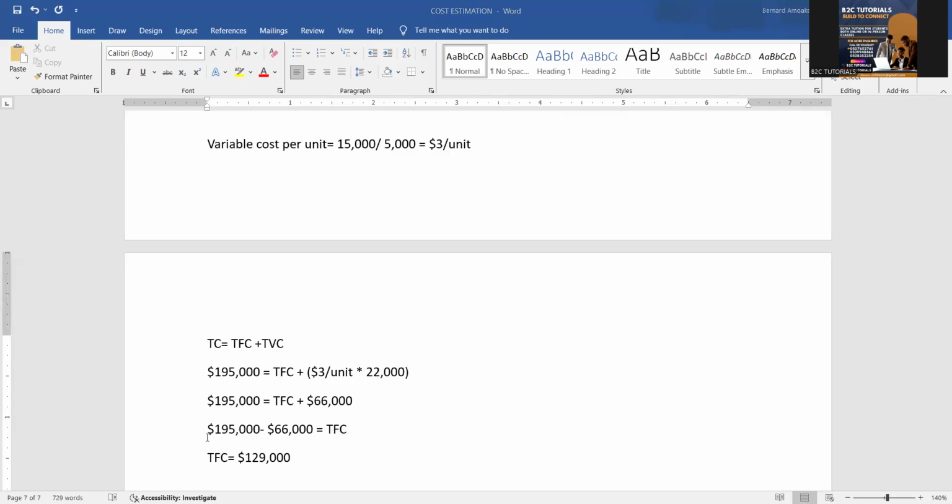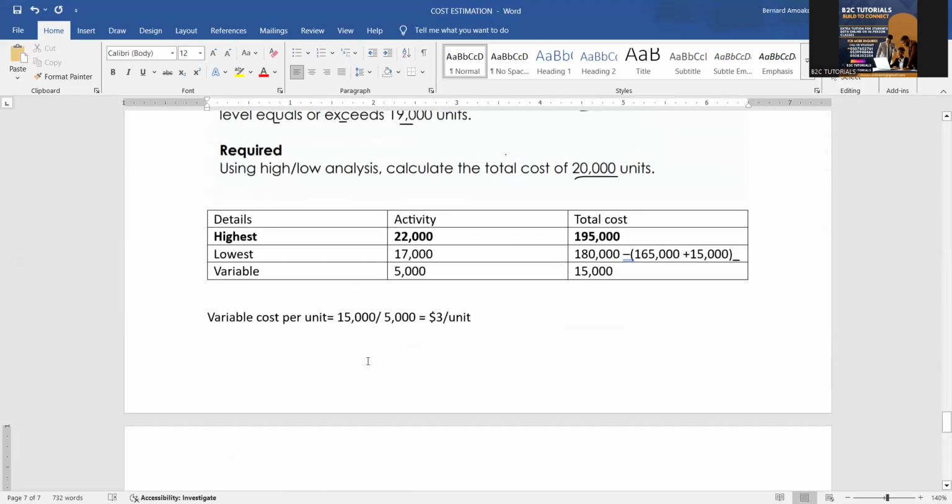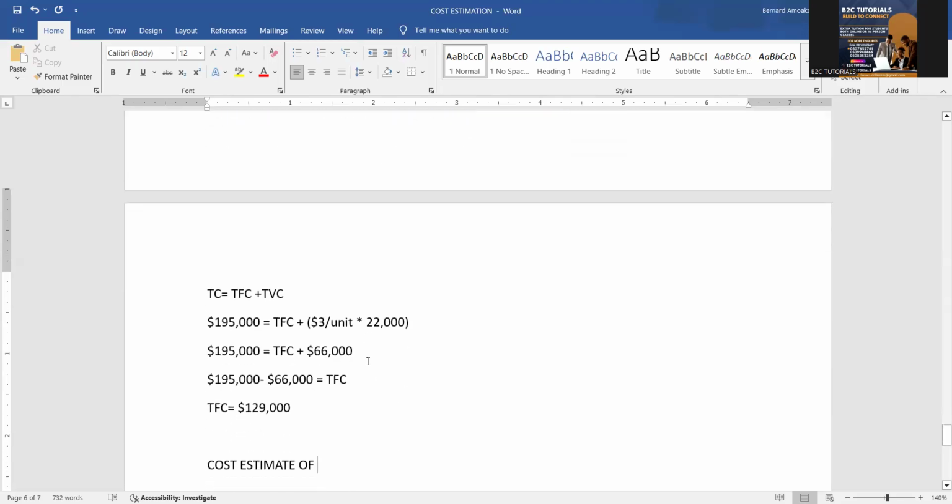That is just the determination of fixed cost. But then we want to find the cost estimate according to the question. It says determine the cost estimate of the number of units there, which was 20,000 units.